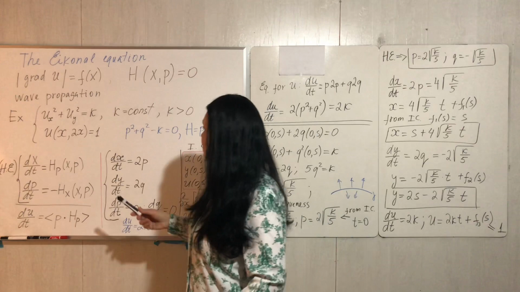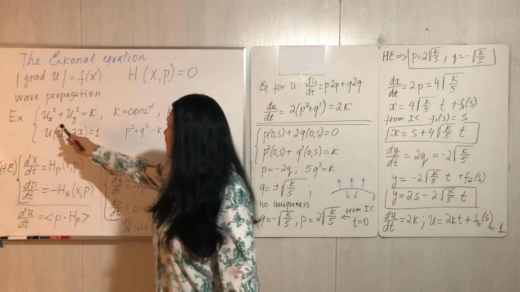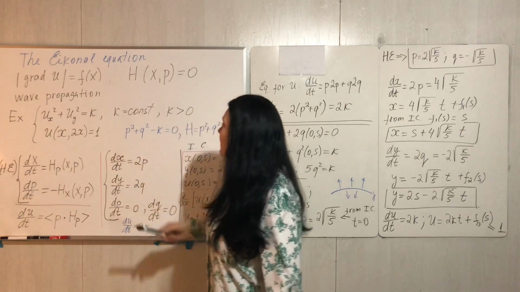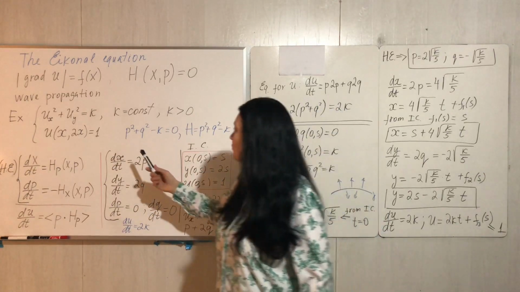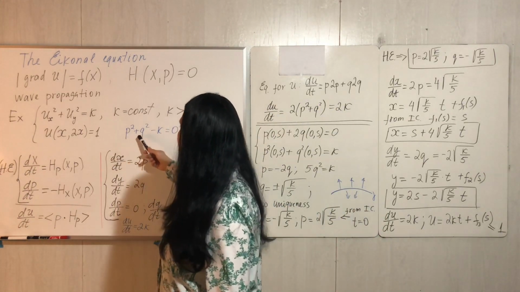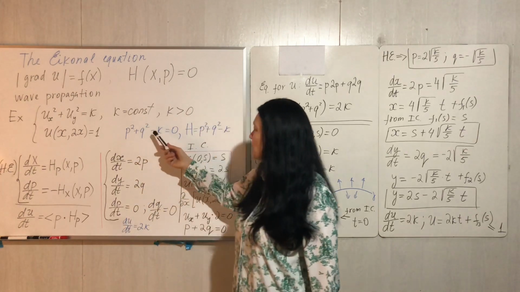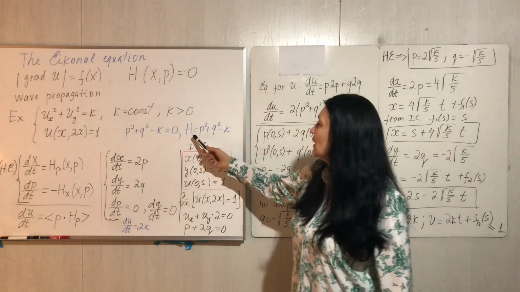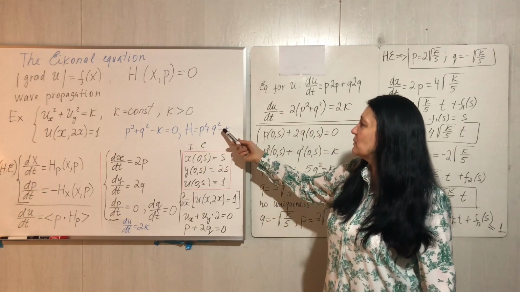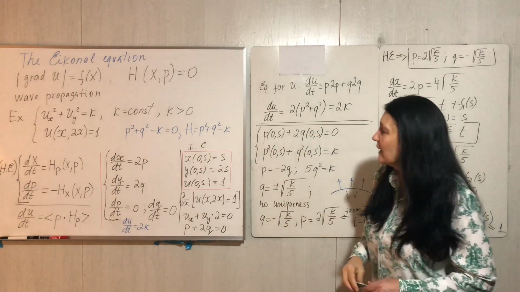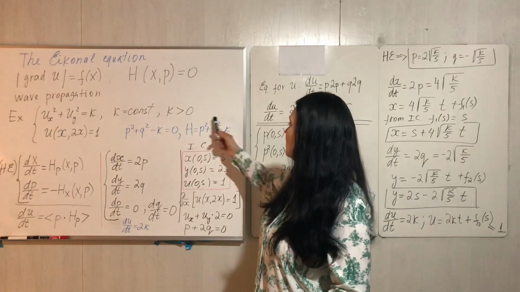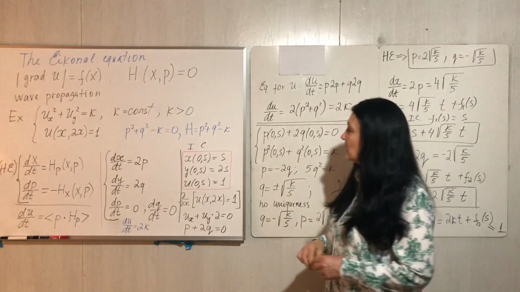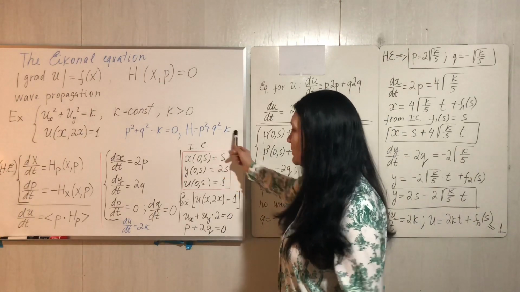So using notations that we've been using before, if u_x we call p, u_y q, then our equation can be written in the form p squared plus q squared minus k equals 0, or the Hamiltonian will be H equals p squared plus q squared minus k. In this case we don't even have dependence on independent variables.